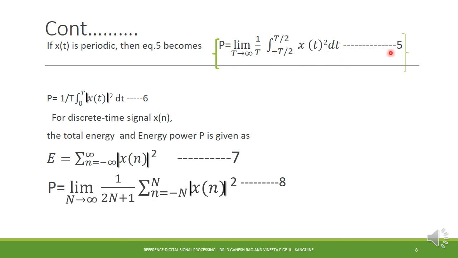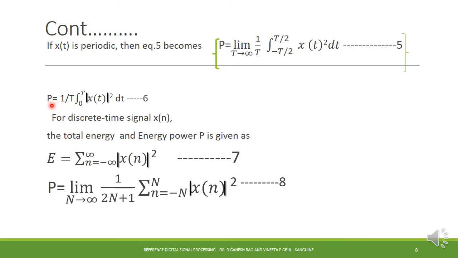This equation number 5, if it is periodic, can be written with the limit changed from 0 to T: 1 by T, integral from 0 to T, with the modulus sign, of x of t square dt. Everything else is the same. This is our equation number 6.